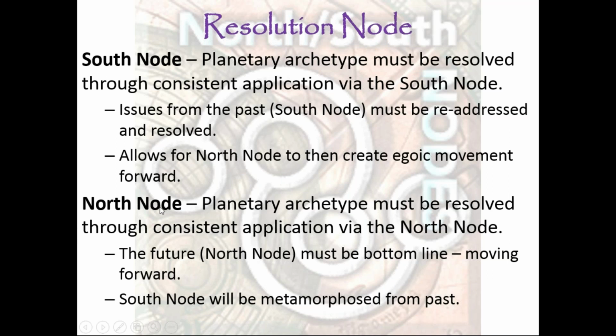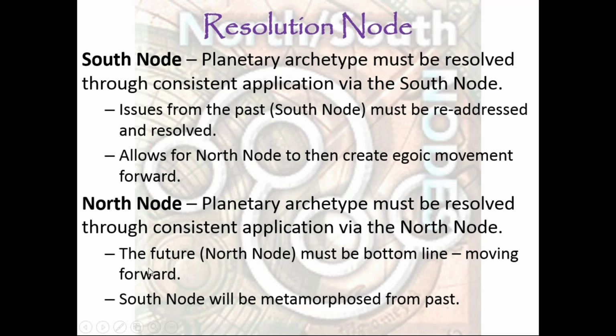If the north node is the resolution node, that is where this planetary archetype must be consistently applied. This then means that the future becomes the bottom line. It's not about going back to the past. It's consistently moving forward and described by the north node, its sign, its house, its rulers and their locations, any aspects.